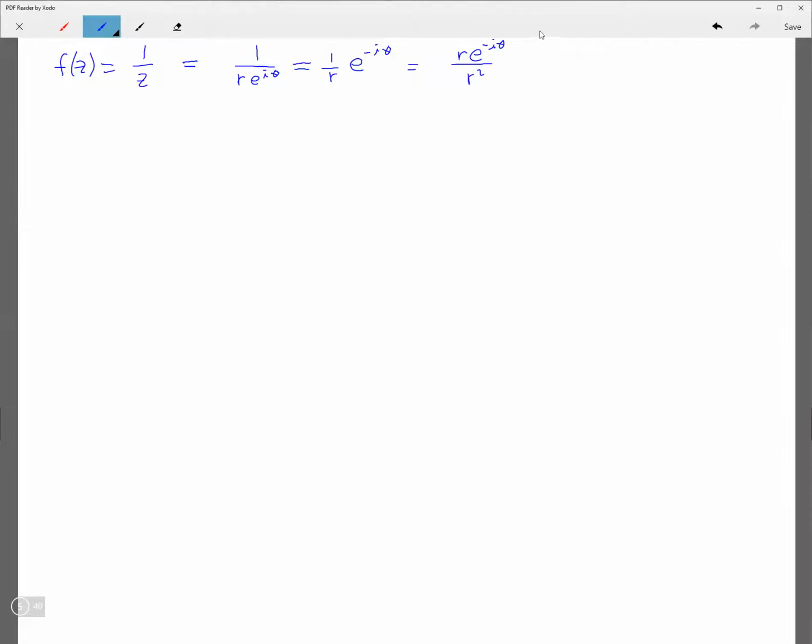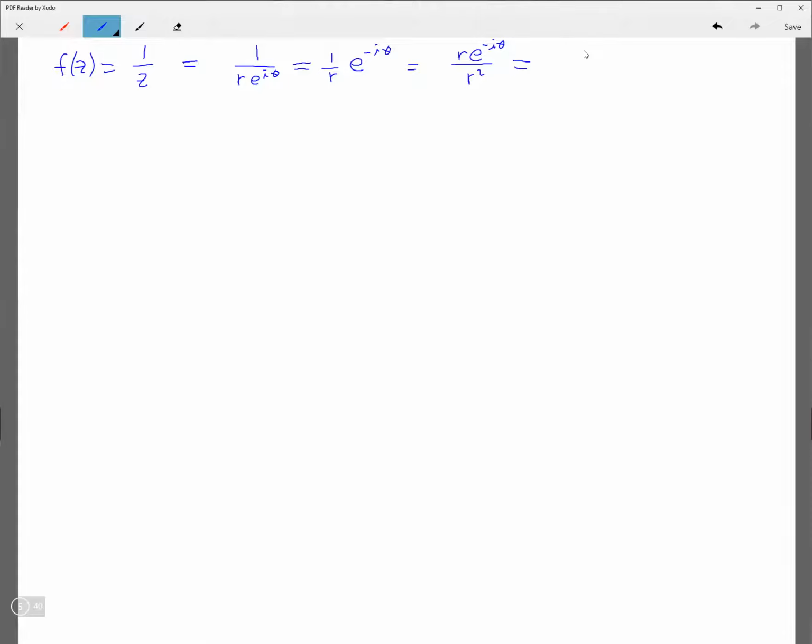Now, do you guys recognize what the numerator is? r e to the negative i theta. Does anybody recognize what that is? It's okay if you don't recognize what it is.